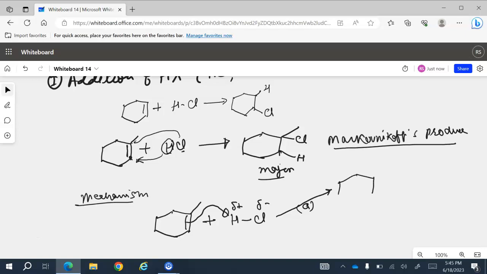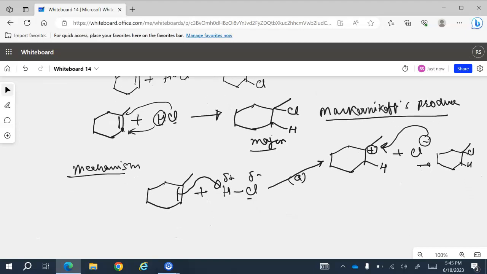The result will be hydrogen adding to this carbon here containing one hydrogen previously. So this is the hydrogen we have added. So this will generate the positive charge. Carbocation will be generated, and chloride, the leaving group, the nucleophile, will then attack the plus charge. So the result here will be the formation of the product from path A. This is like this. All right.